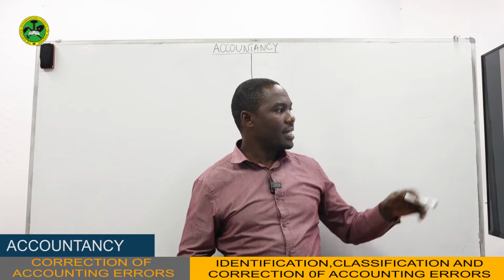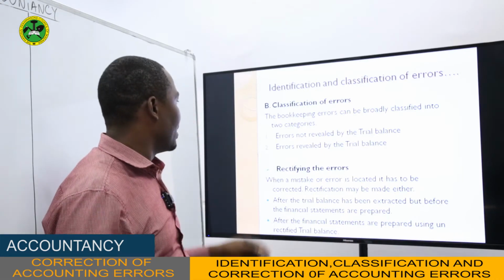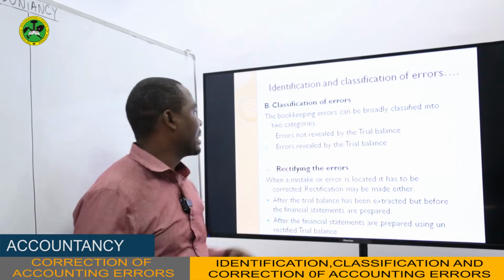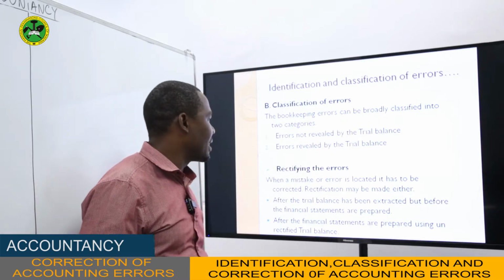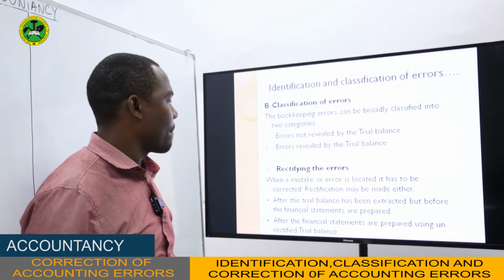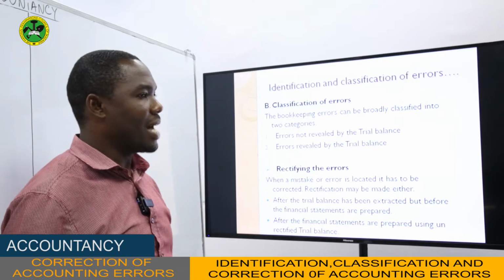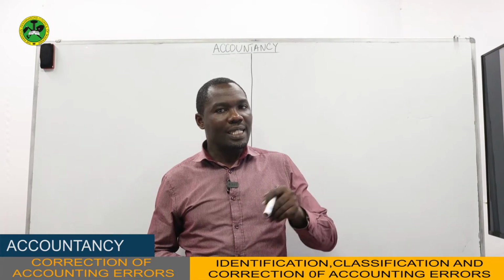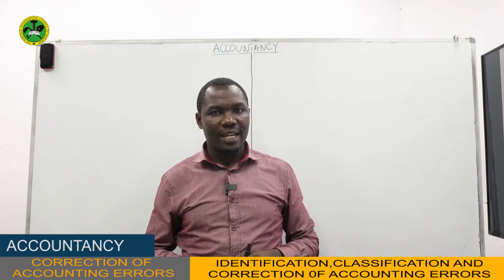As we have seen, there are intentional and unintentional errors, but these errors are broadly categorized into two classifications. We have errors not revealed by trial balance and errors revealed by trial balance. Errors not revealed by trial balance do not affect the agreement of the trial balance.